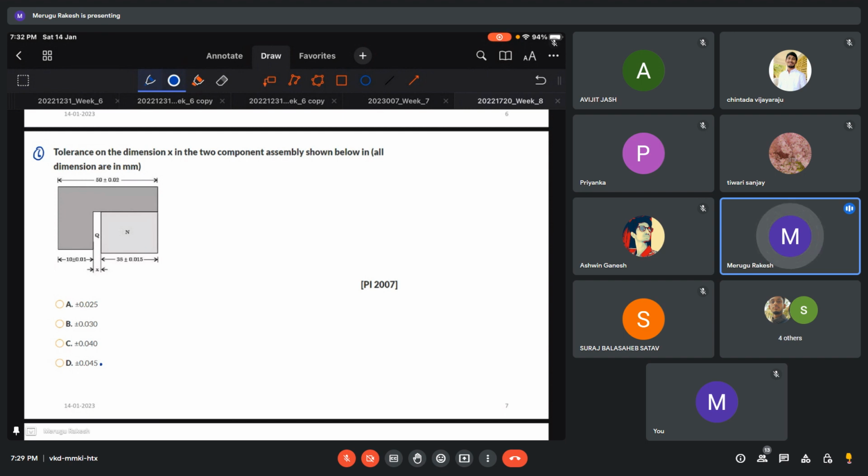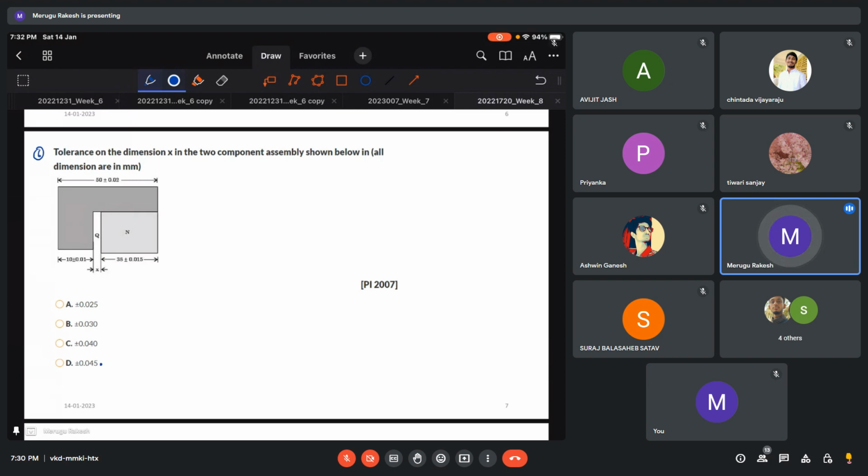So everyone is getting the same answer, plus or minus 0.045. Okay. So there was one question at the last session: what do we do with the bilateral tolerance? Here it is a bilateral tolerance but equal. So in this case we just add up the tolerances: 0.02 plus 0.01 plus 0.015, which is 0.045.